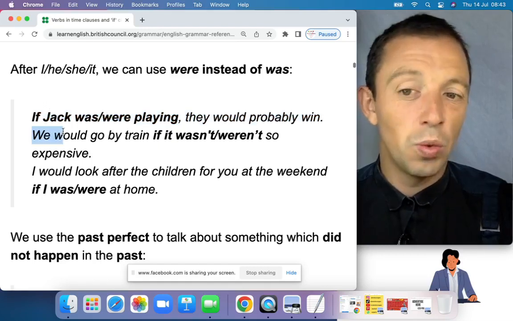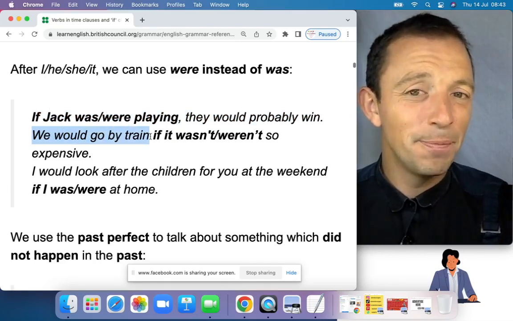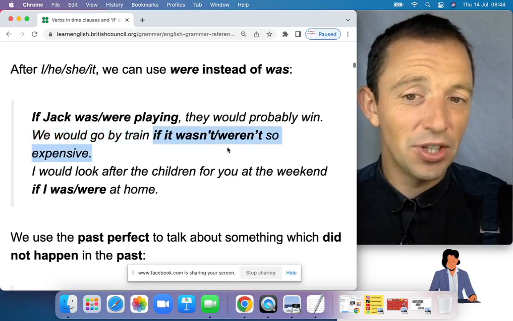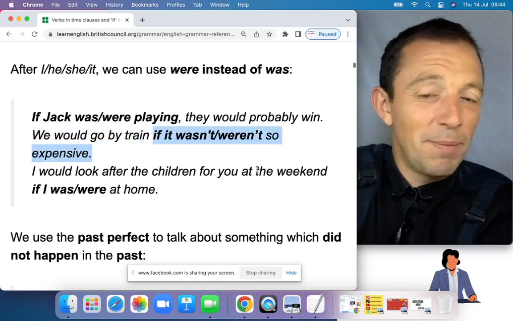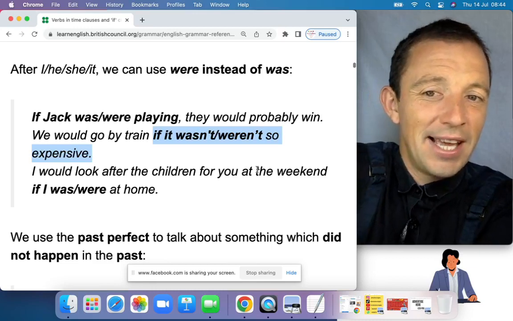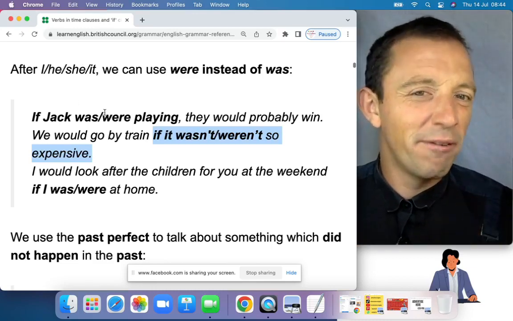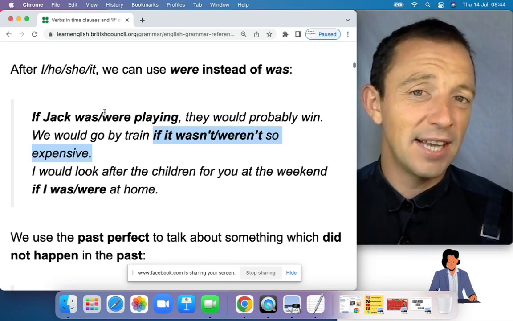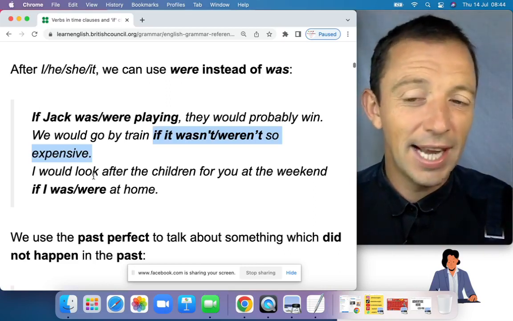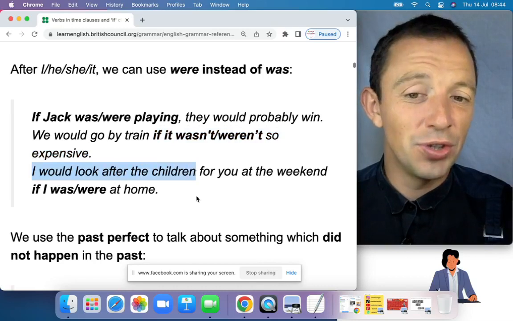Next, we would go by train hypothetically if, this is the conditional clause, it wasn't so expensive, but it is possible to say if it were not so expensive, and that is maybe a more formal way or an alternative way to say it. Next, I would look after the children hypothetically.